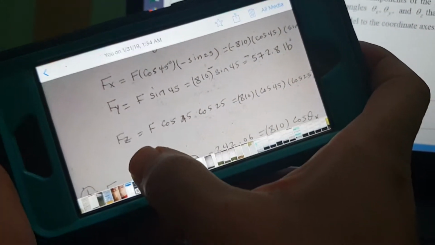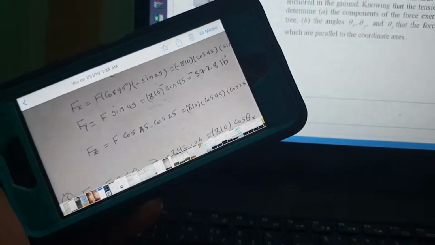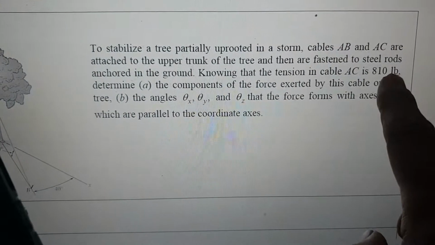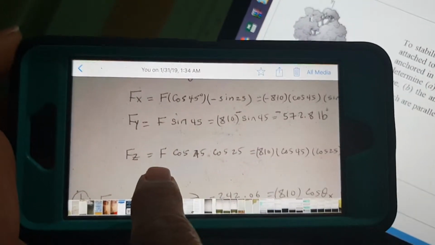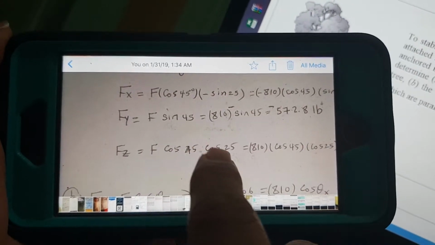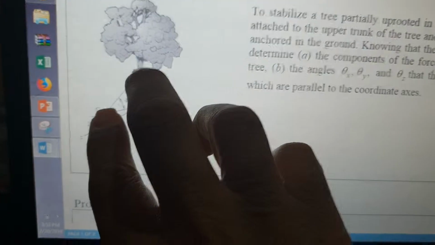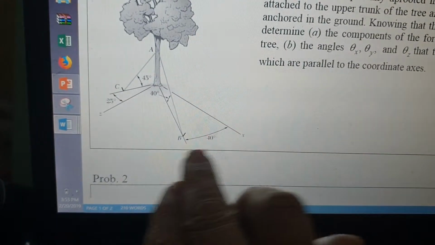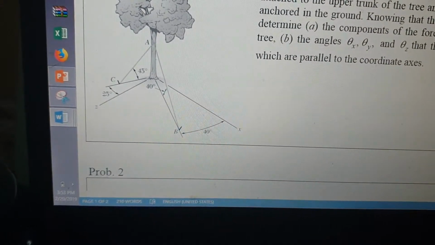The force is 810, he gave you the force AC. So 810 cosine 45 cosine 25 is the force in the z-axis.